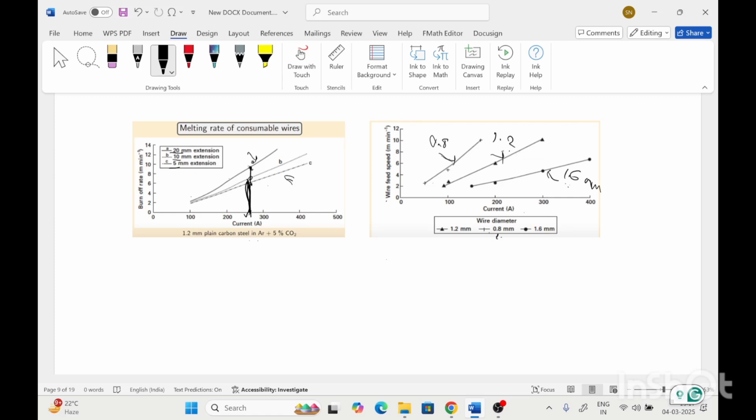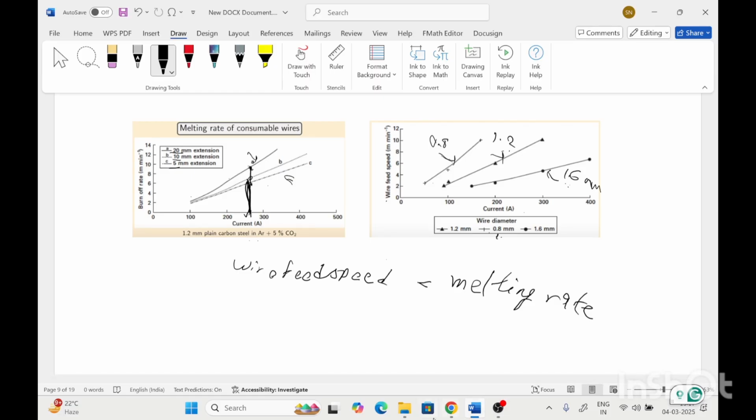We assume that the wire feed is generally equal to the melting rate. So the wire feed speed is highest for the smallest wire diameter, and for this the melting rate will also be higher.